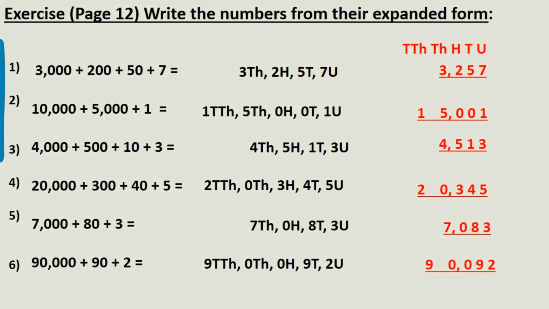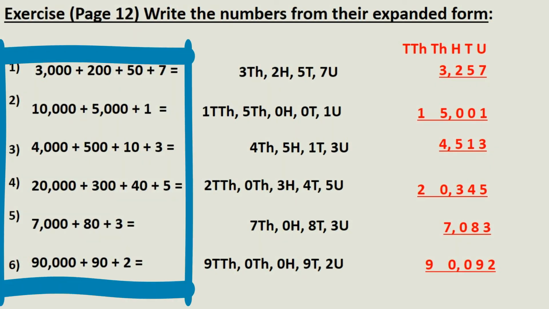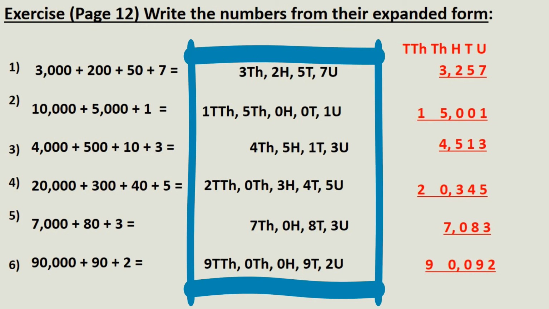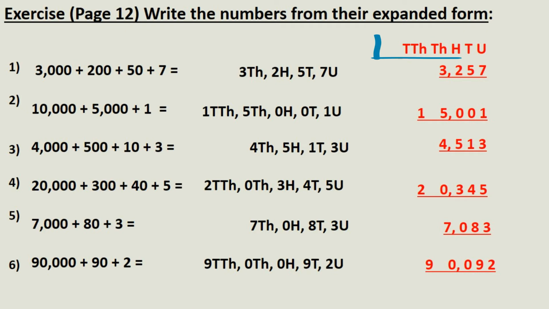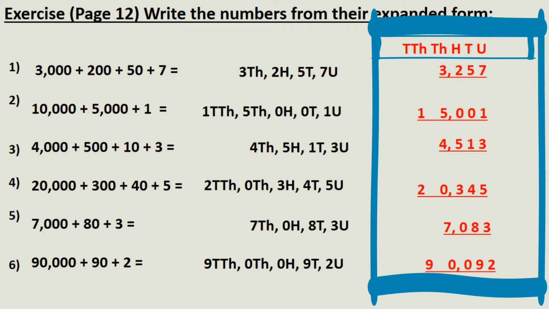We will now look at the exercise on page 12. Here the expanded notations are given. You have to write their places and above the numbers to mention the places of the digits and then write the number in standard form of figures.